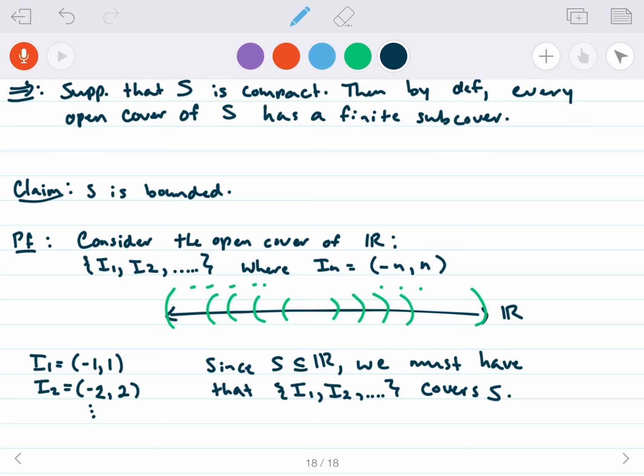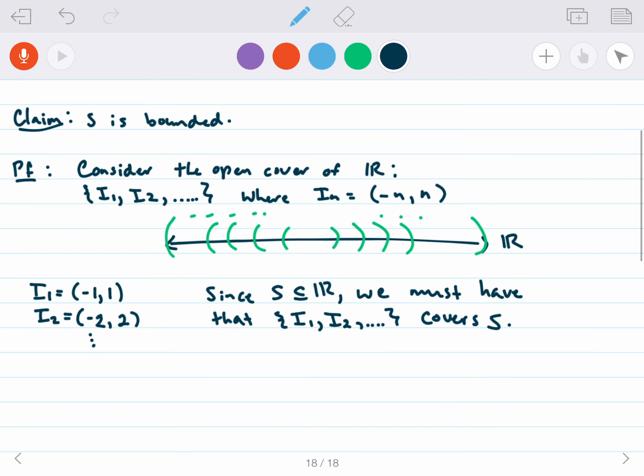Okay, and now we can use compactness. So since S is compact, what does that mean? Well, it means that every open cover, we have one right here, has a finite subcover.